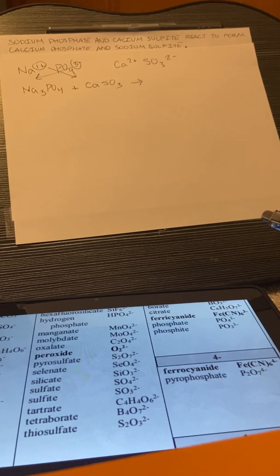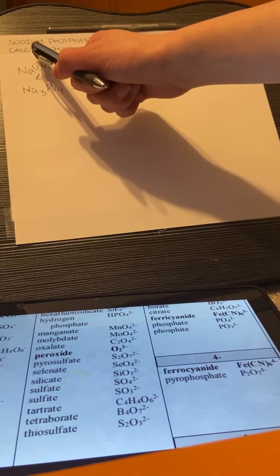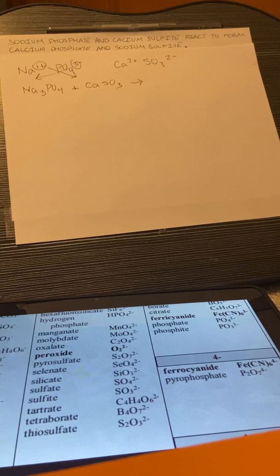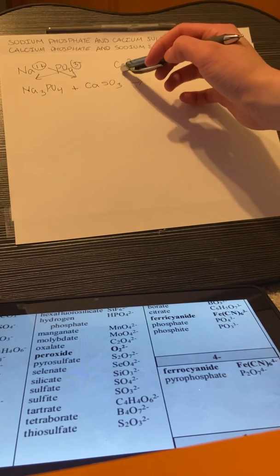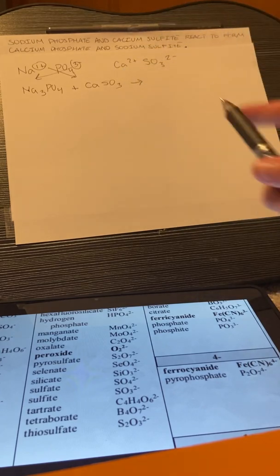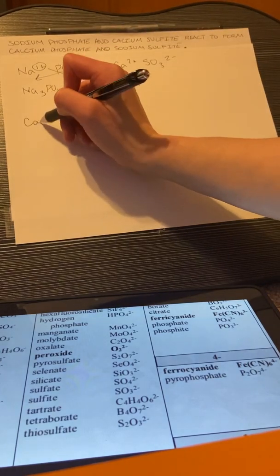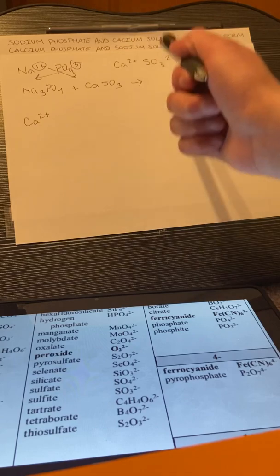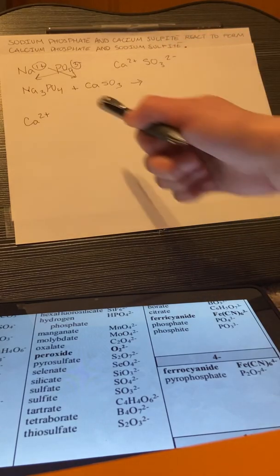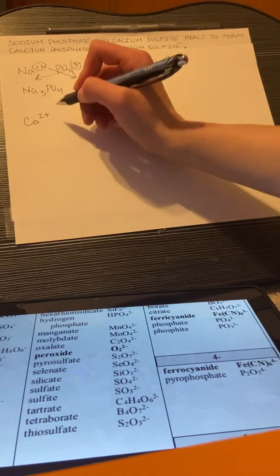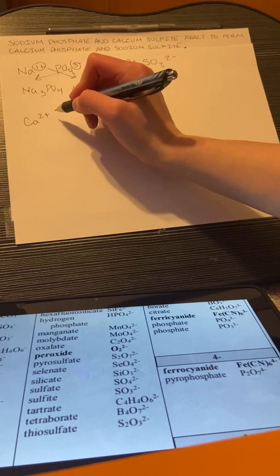So you're going to use calcium, and we already found calcium on our periodic table and found that calcium is Ca with a 2+ charge. So you're going to write Ca2+. And phosphate, we've already found that on our polyatomic ion sheet, which is PO4 with a 3- charge.